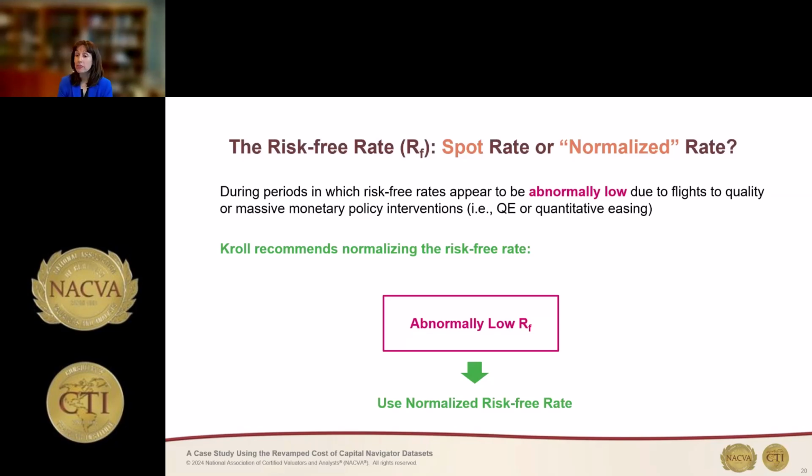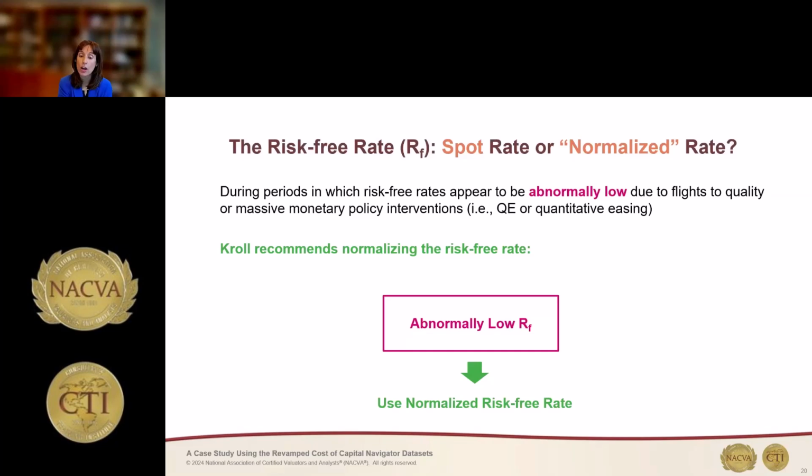So if you want to use a spot rate, you can always use a spot rate with our recommended equity risk premium by doing an upward adjustment at times when we were saying use a normalized rate. So we're never saying, don't use a spot rate. It's more so our equity risk premium was estimated against a more fundamental risk-free rate.